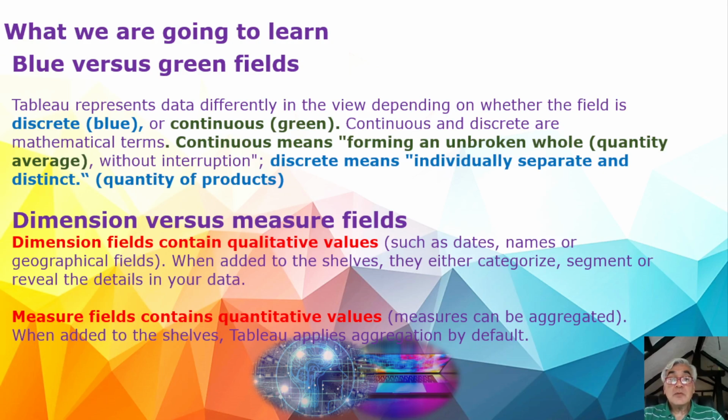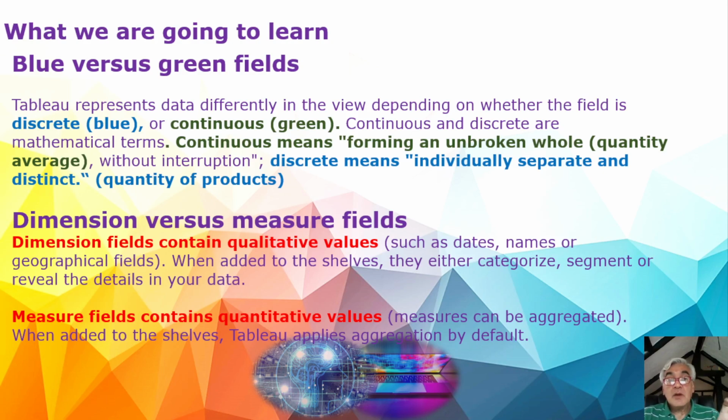Now, let's talk about dimension versus measure fields. Dimension refers to something that is qualitative. For example, a name, for example, a date, for example, a geographical field, right? But measure refers to quantitative values, like, for example, the quantity itself, the price, the quantity of sales, and so on.